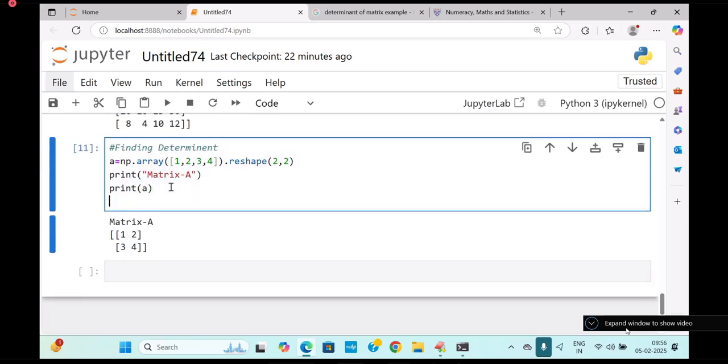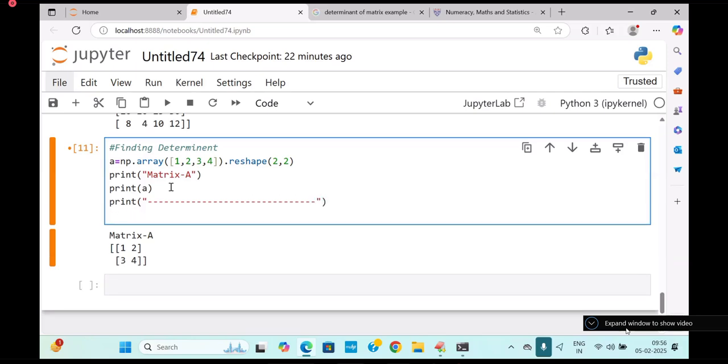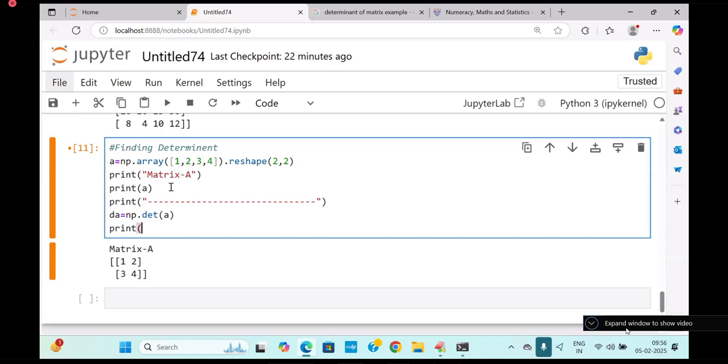How do I find the determinant here? To find the determinant, I will use it. Determinant of A is equal to np.det of A. Det of matrix A.